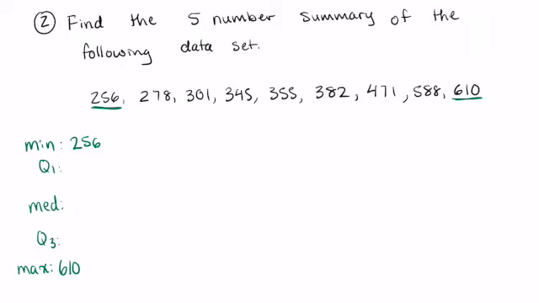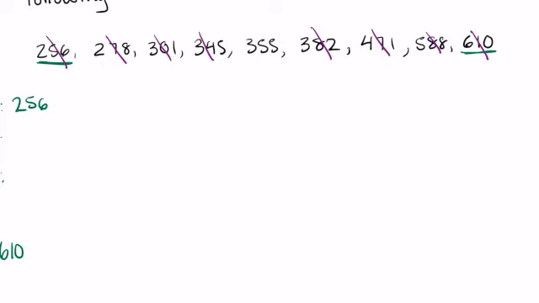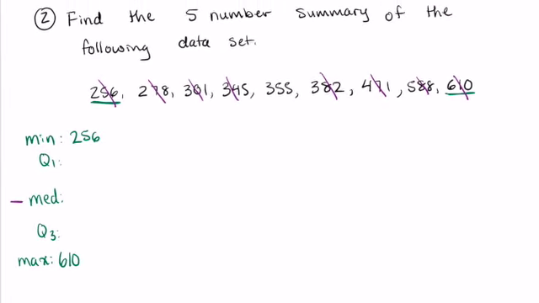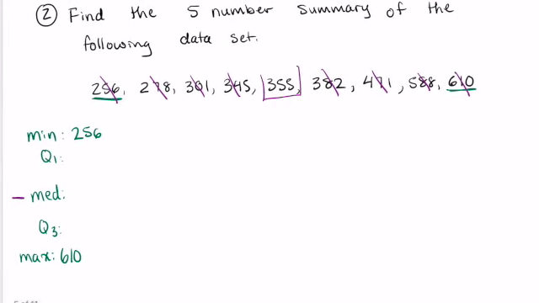So I'm going to find my median first by crossing off, and crossing off until we wind up with either 1 or 2 numbers in the middle. So in this particular case, we wound up with 355 as the middle number. So my median is 355.